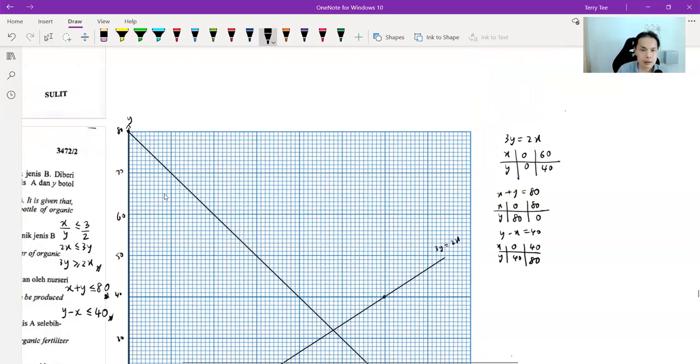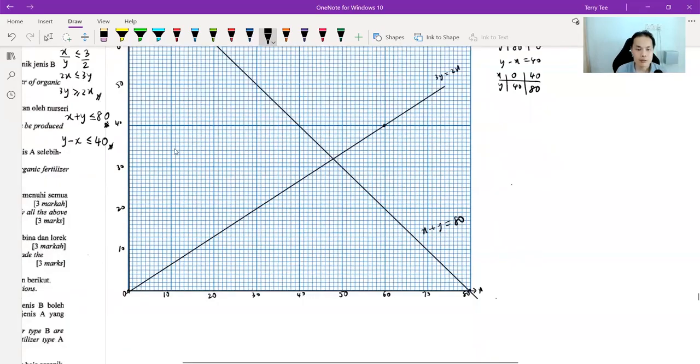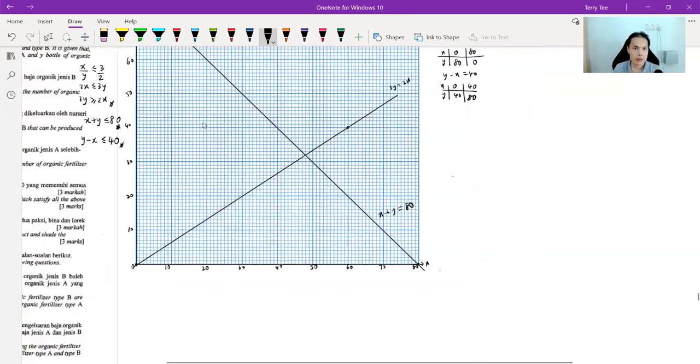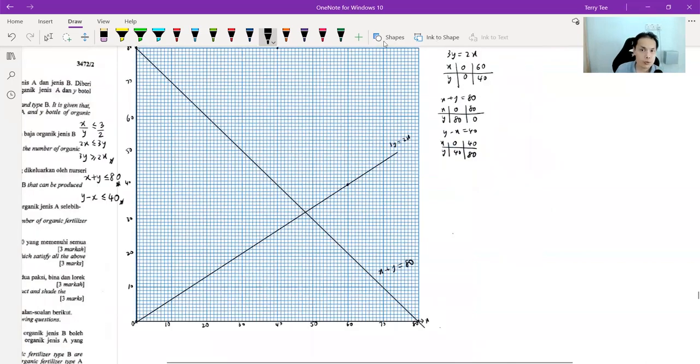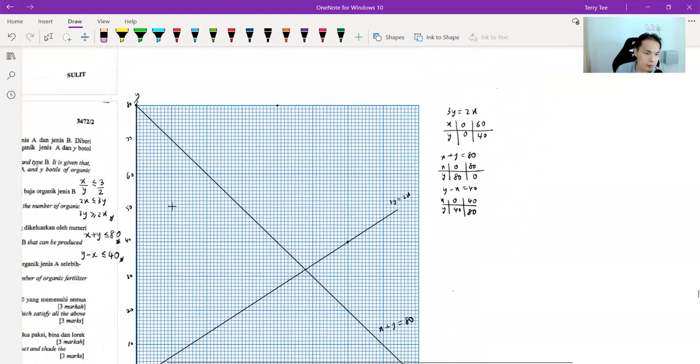So 40, 80 is a bit high up, over here. Let's draw a line, making sure it passes through these 2 points. 0, 40 is here and 40, 80 is here. Let me adjust it a little bit. So this is the line y minus x equals 40.